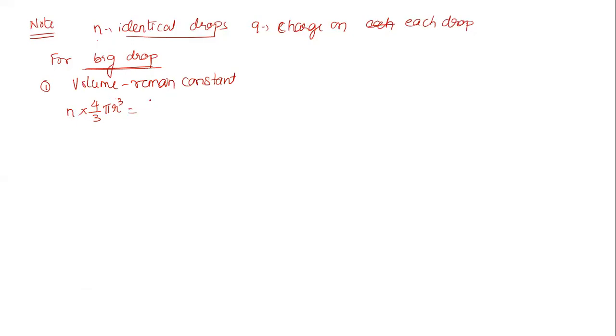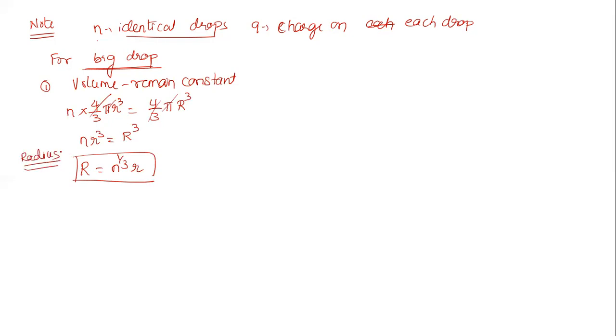That is equal to 4 by 3 pi capital R cube, where capital R is the radius of the bigger drop. 4 by 3 pi is going to cancel. N times r cube equals capital R cube. Then the radius of the new bigger drop will be n power 1 by 3 times r. So this is about the radius.